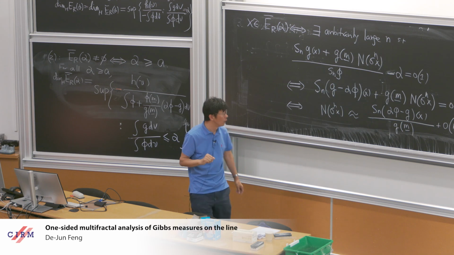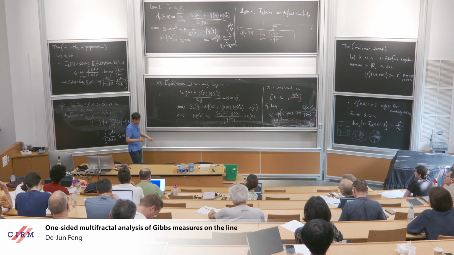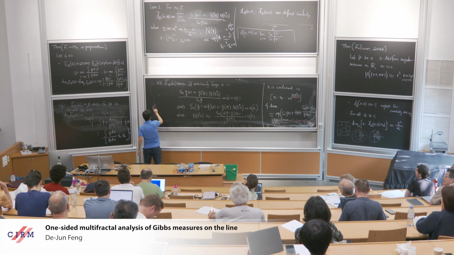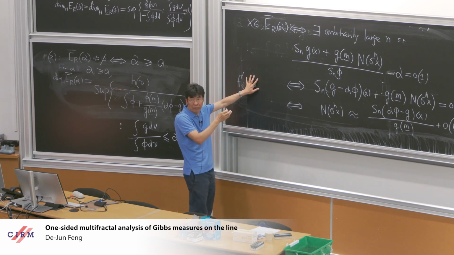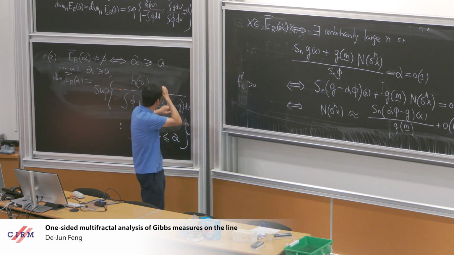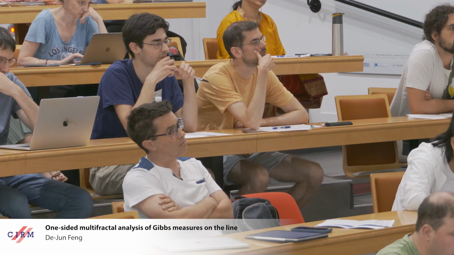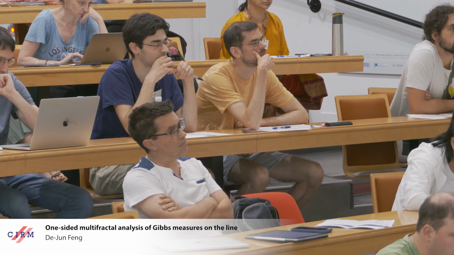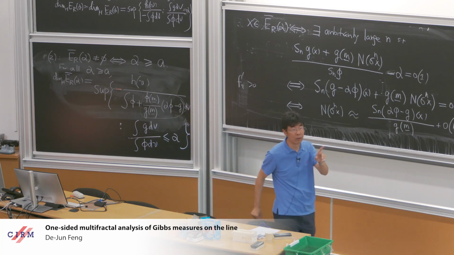In that case, we currently have one assumption that I is greater than 0. If you remove this one, then you need to consider both sides. And in that case, the potential part, you need to add one more time. I think you will still get a similar result.